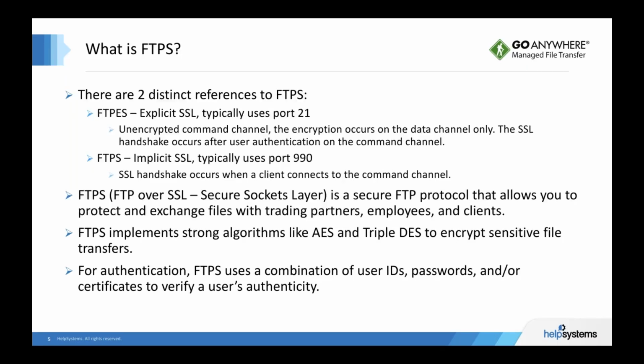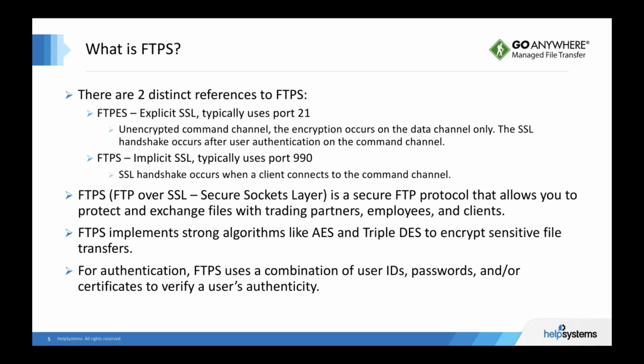Now, FTPS, or implicit SSL, implies that SSL or encryption is going to be occurring from the moment a client connects to the server. One easy way to remember these two is FTPES is going to operate on port 21, whereas FTPS, or implicit SSL, is going to use port 990 by default.